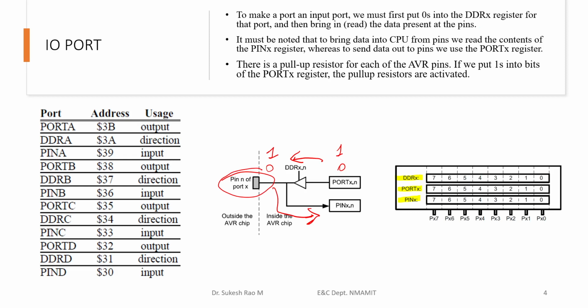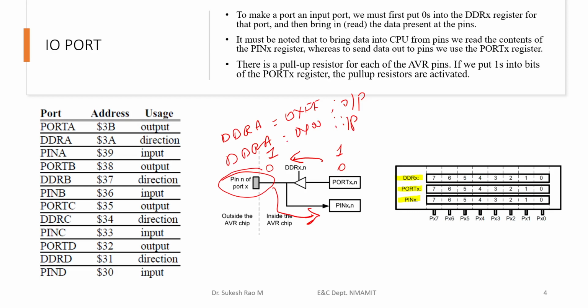If you want to make the port an output, then DDRA should be loaded with 0xFF. Then all the pins become outputs. If you make DDRA 0x00, then you are making it an input.